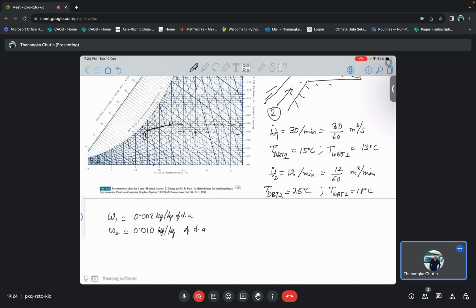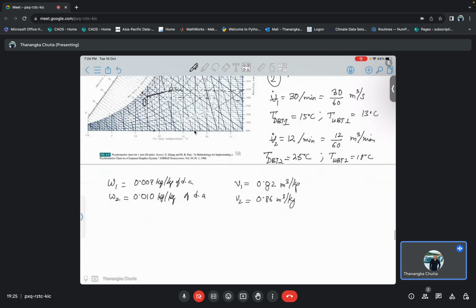Okay, and specific volume V1 is 0.82 meter cube per kg, and V2 is almost close to 0.86 meter cube per kg.